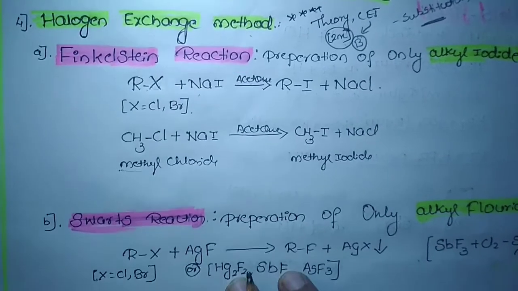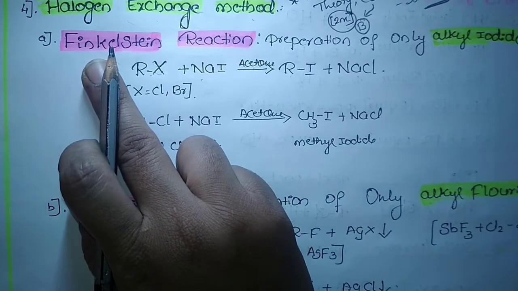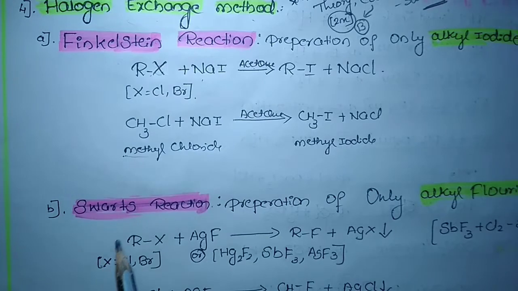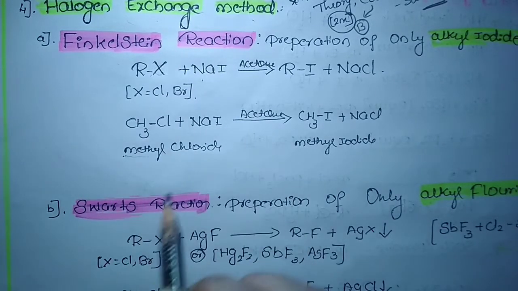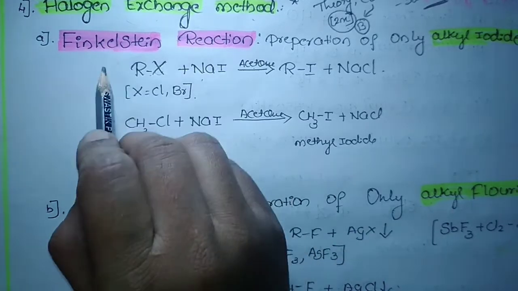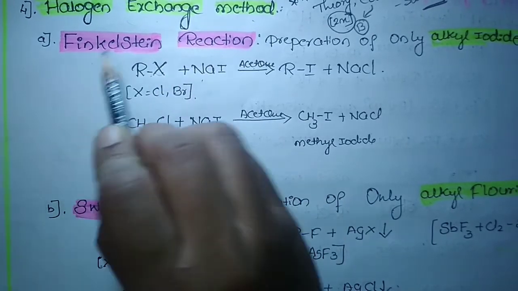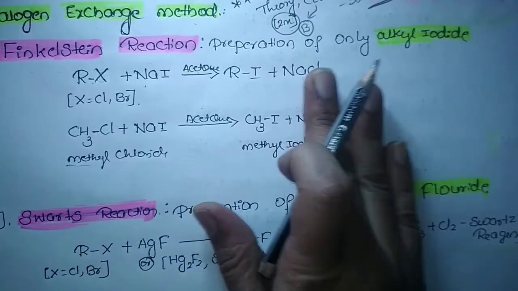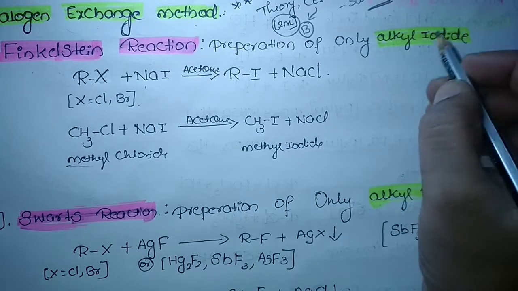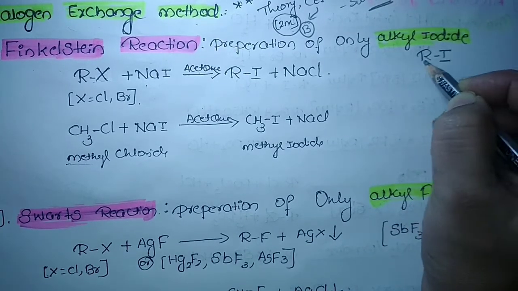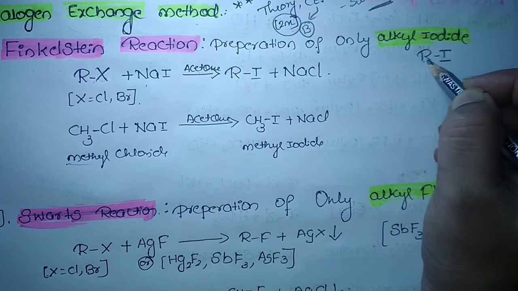One is the Finkelstein reaction, named after the scientist Finkelstein, and one more is the Swarts reaction. These 2 reactions are very important, very simple reactions. By the Finkelstein reaction we can prepare only the alkyl iodide, or iodoalkane.